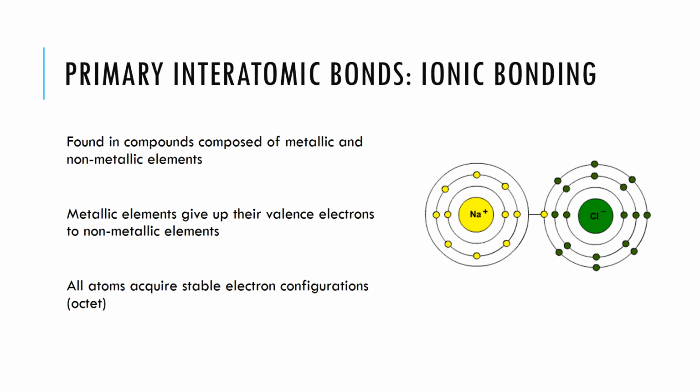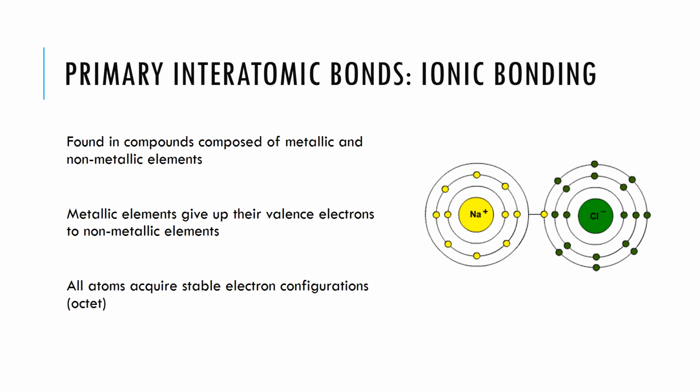And what happens in this kind of bond is that the metallic element gives up its valence electrons to the non-metallic element. So you see here sodium, which is desperate to lose its outer shell electron there in yellow, gives an electron to chlorine, which has 7 electrons in its outer shell, but with the donation from sodium, it now completes its outer shell and has 8 electrons.